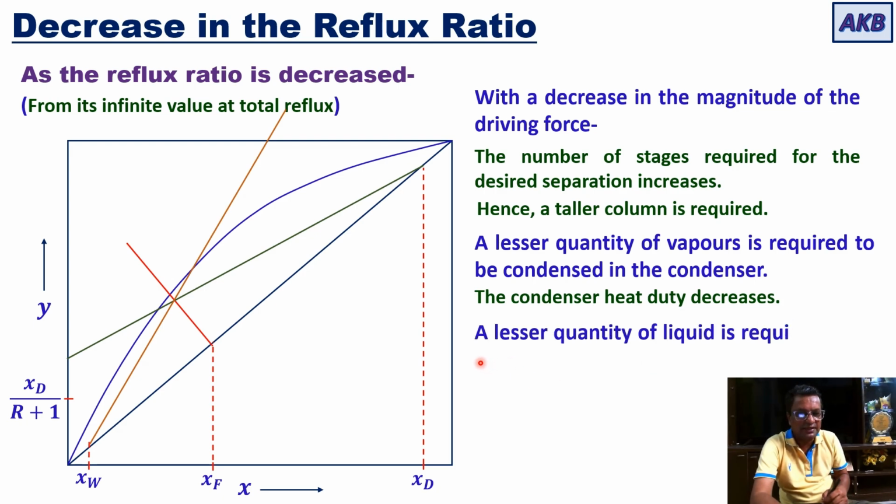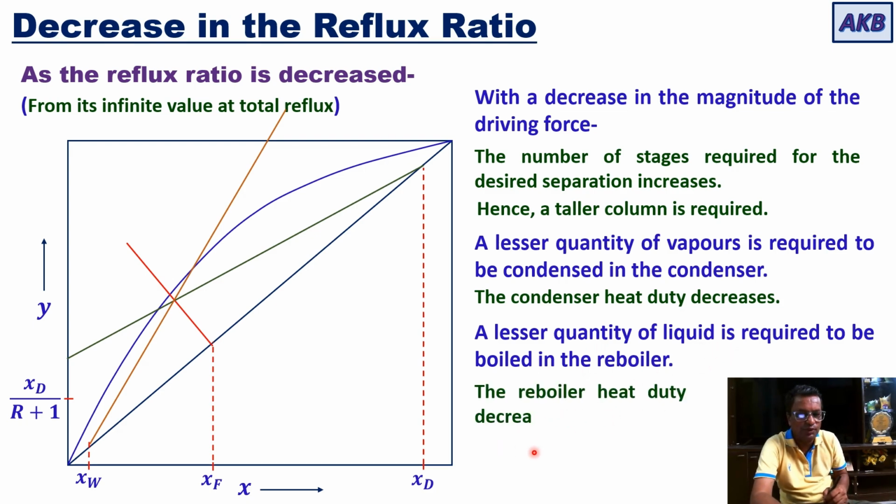Okay, so as I said earlier, a lesser quantity of liquid has to be boiled in the reboiler, which means that the reboiler heat duty also decreases. So with decrease in the reflux ratio, there is decrease in the magnitude of the driving force because the two operating lines are moving closer to the equilibrium curve, and due to decrease in the magnitude of the driving force, the number of stages required for the desired separation increases.